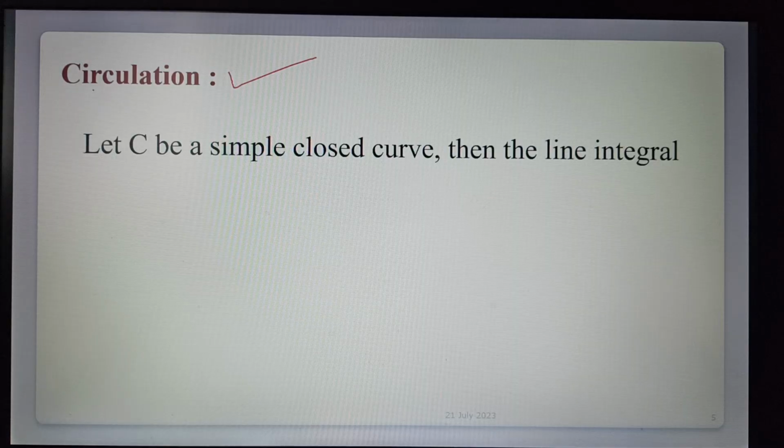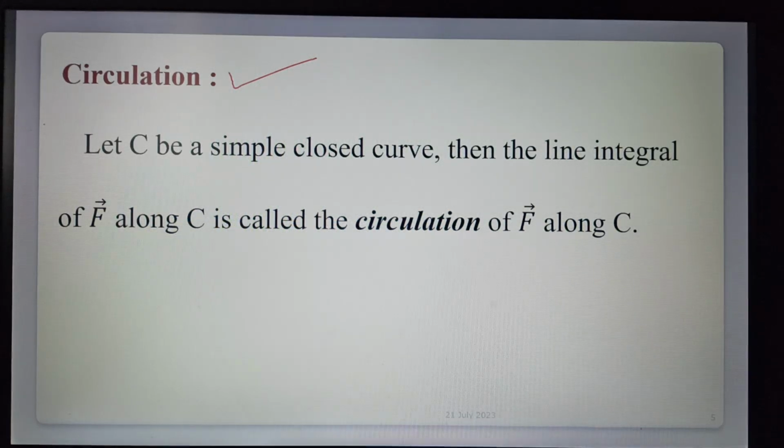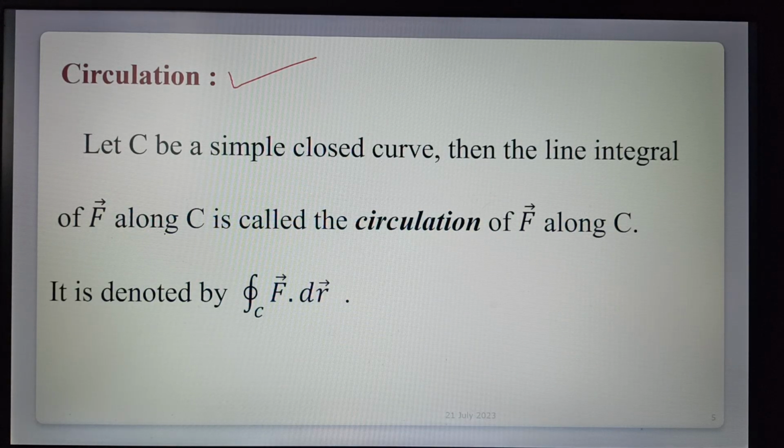Let C be a simple closed curve; then the line integral of f bar along C is called the circulation of f bar along C. It is denoted by the integration over C of f bar dot dr bar. So the line integral represents circulation when the given curve is a closed curve.